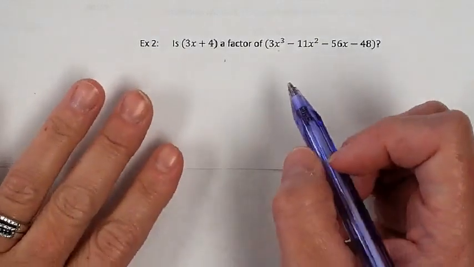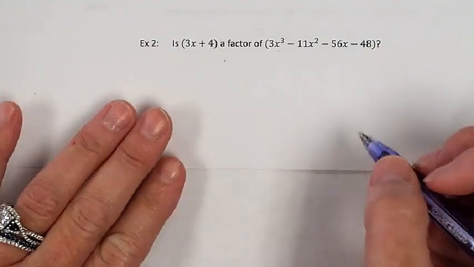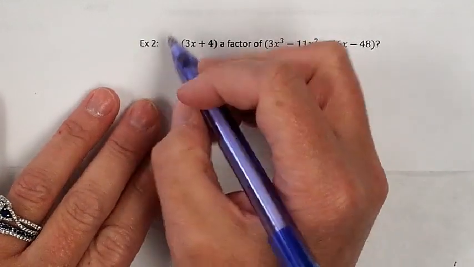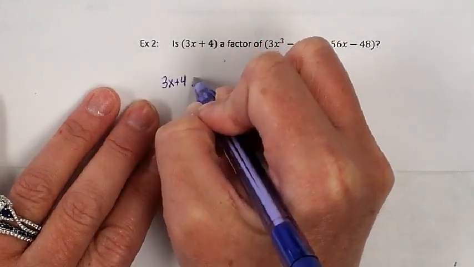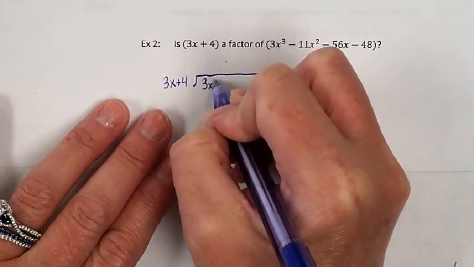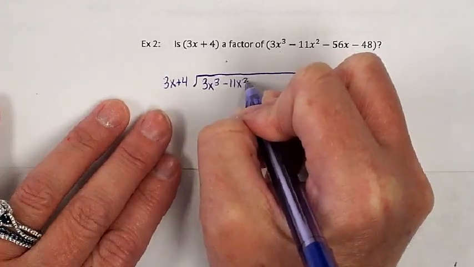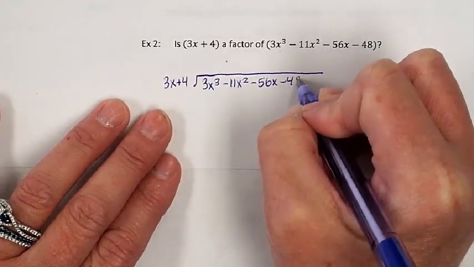If it is a factor, then when we divide, at the end we should not have a remainder. So you would have a remainder of 0 if it's a factor. So this 3x plus 4 is going to be on the outside, and then inside 3x cubed minus 11x squared minus 56x minus 48.